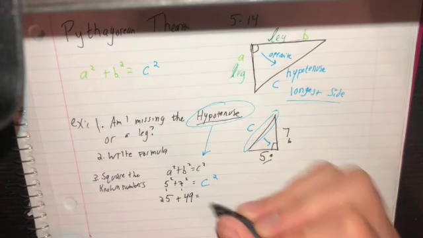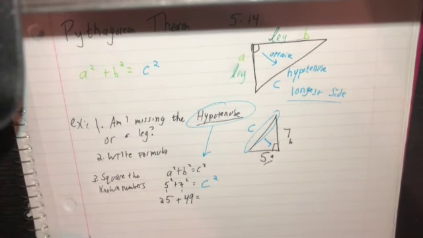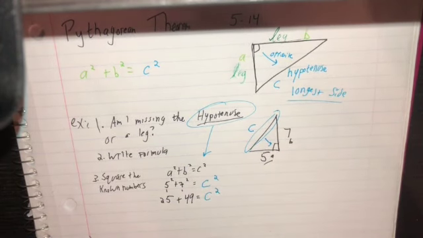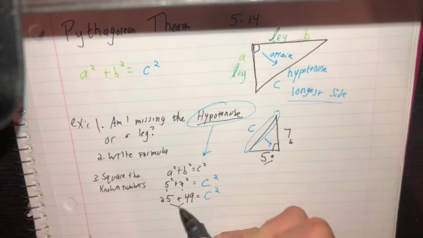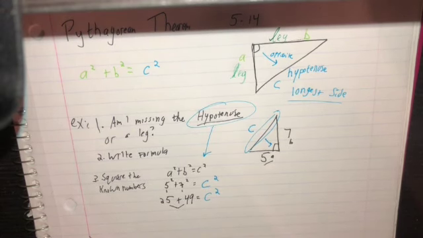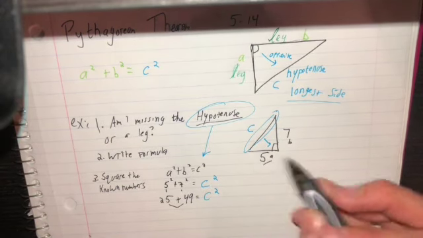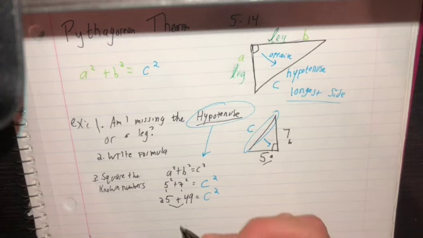This is where knowledge of our squares comes in handy in solving things quickly. Equals c squared. All right, so now my next step, I'm going to solve my equation. This is a beautiful unit that merges solving equations, squares and exponents, and geometry. It's this wonderful sort of melding of all the things we've done this year.